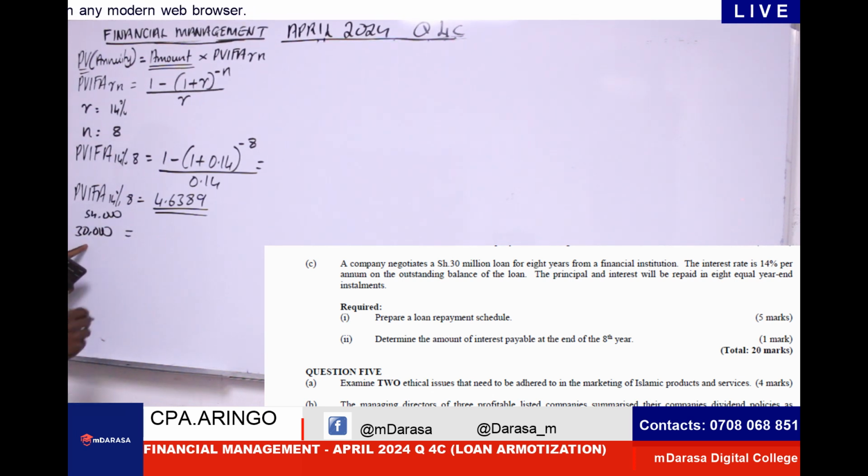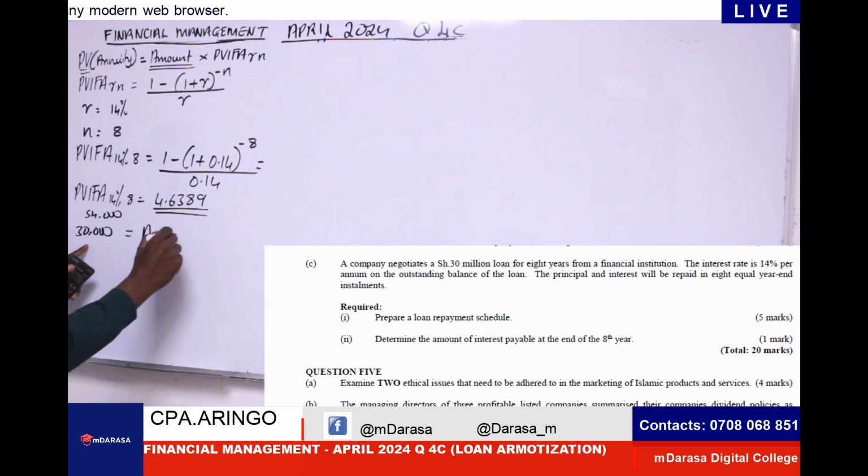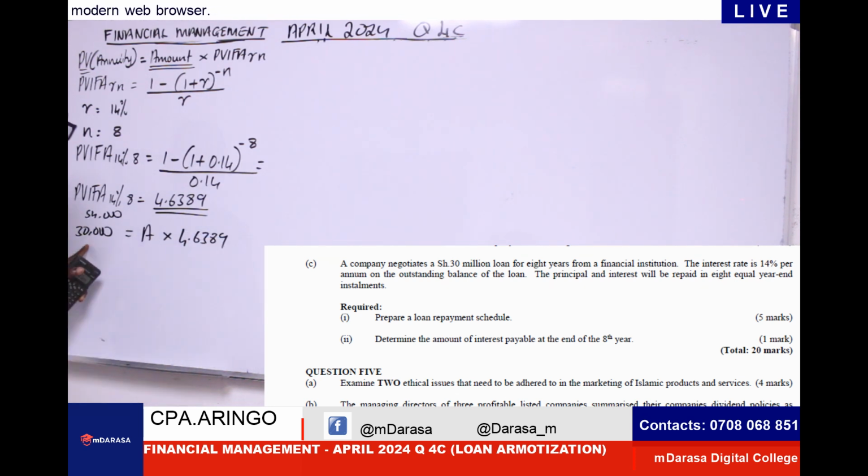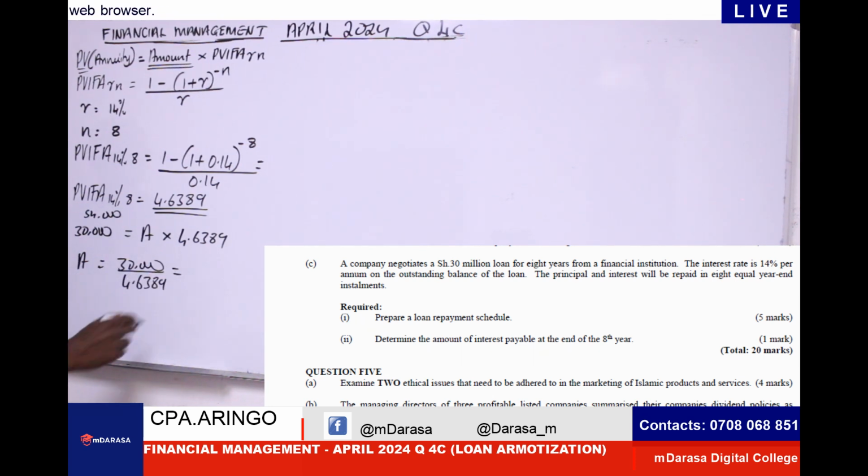So my 30 million will be equal to the amount that I don't have, A, times my factor, which we've determined, 4.6389. So what is our A? My A should be equal to 30 million divided by 4.6389, which in this case will be 30 divided by 4.6389.